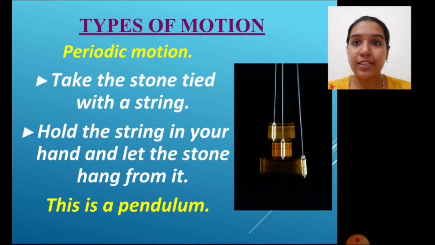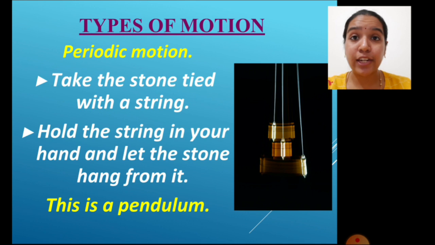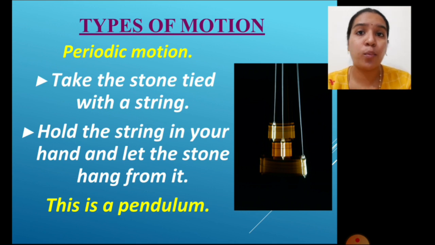If you tie a thread to a stone and hang it from your hand, it moves in a to and fro motion, and it is called a pendulum, which is usually seen in old clocks. That means a to and fro motion shown by any object is a periodic motion.